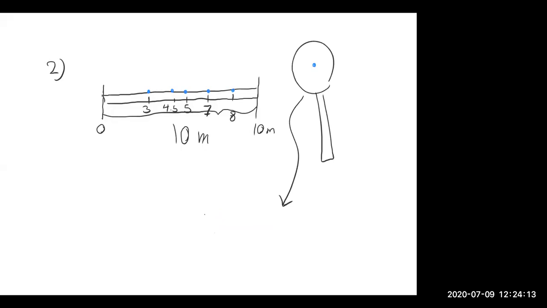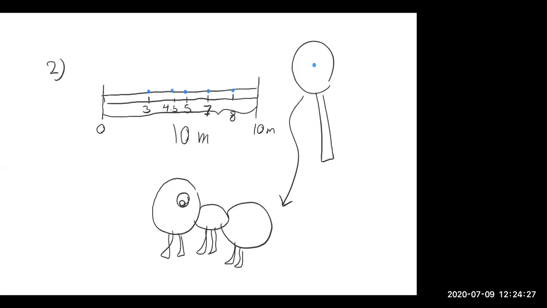An ant would look like this. So if you put this blue point under a magnifier, this is the ant we're going to see.